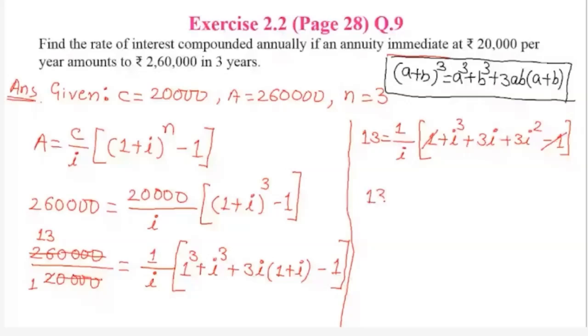So what I can say, 13 is equal to, now take I common. If you take I common, what will remain in the bracket? From I raised to 3, I is taken out. So I square plus 3I plus 3, divided by I. Clear?